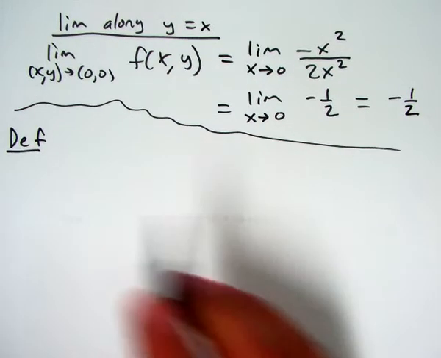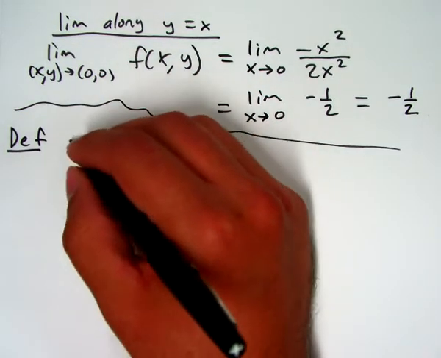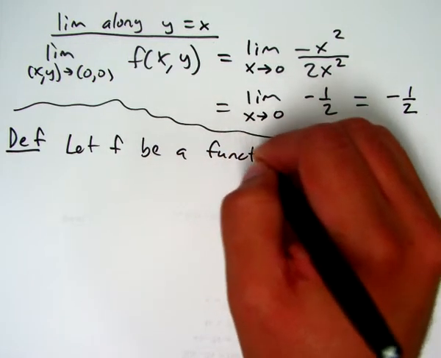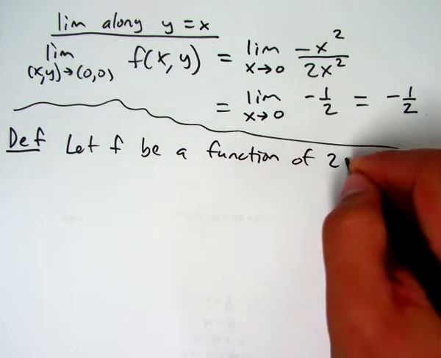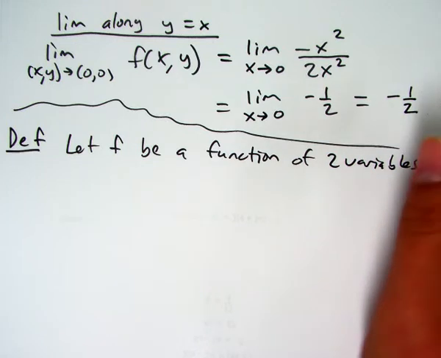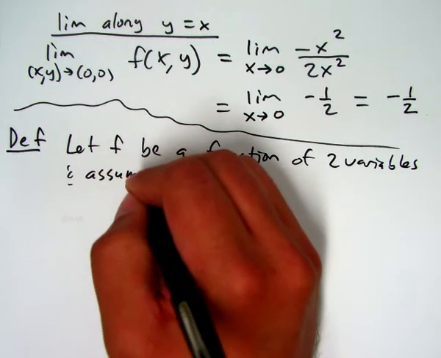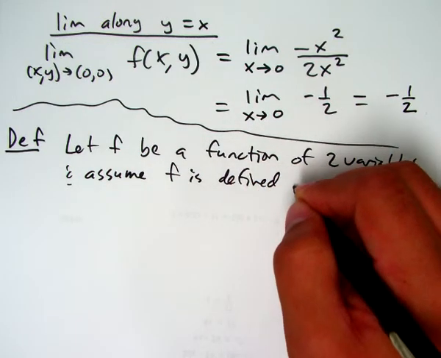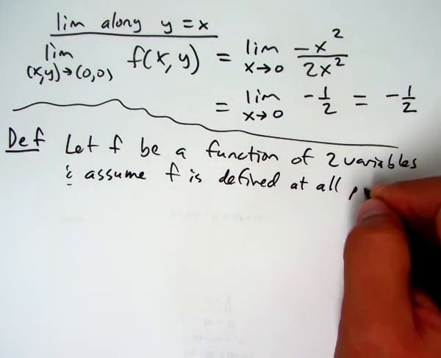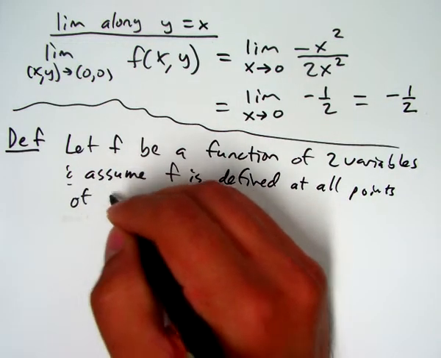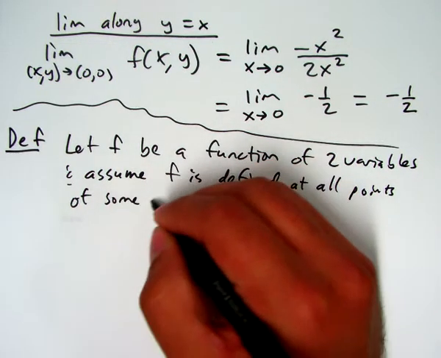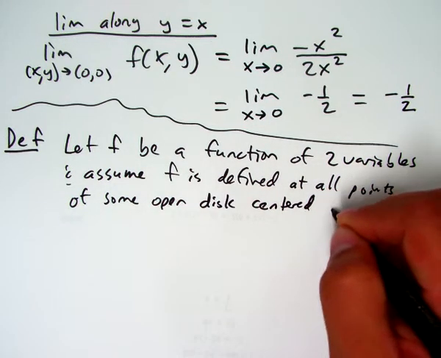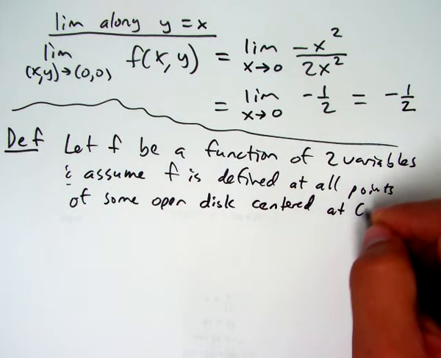Okay, so here's the formal definition. Let f be a function of two variables and assume f is defined at all points of some open disk centered at x naught, y naught.